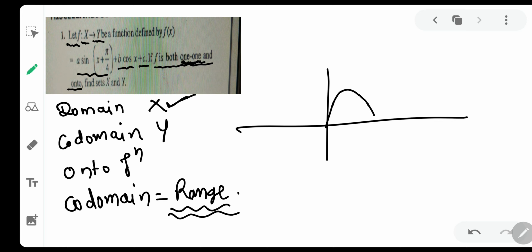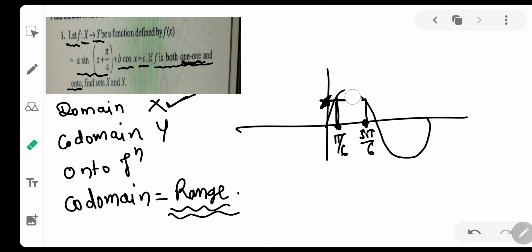Let us say I have this function. Now you can see that at pi by 6 and at 5 pi by 6, both are having the same value of y. So two values of x having one value of y. Hence it is not a 1 to 1 function, it will be a many to 1 function.